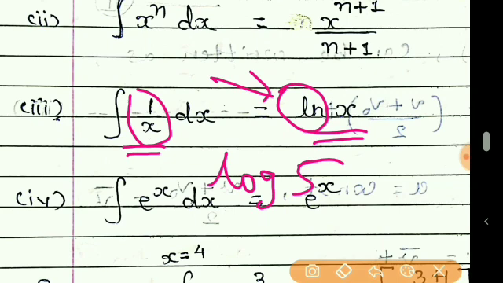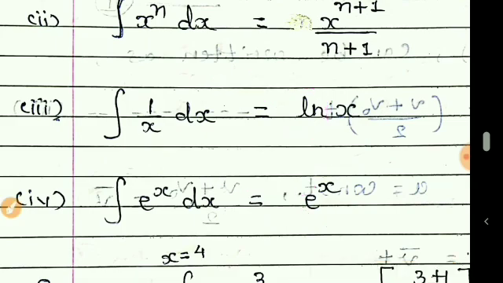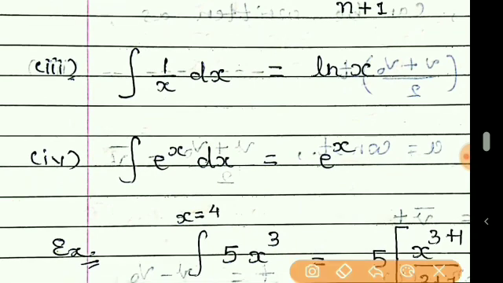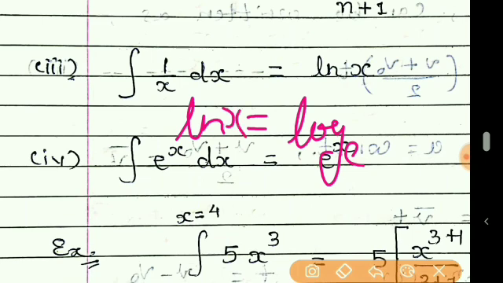In this normal log, the base is 10, and we don't write that 10 here. But whenever there is ln, it means a natural log, which is log to the base e. So if I write ln x, it means log to the base e of x.